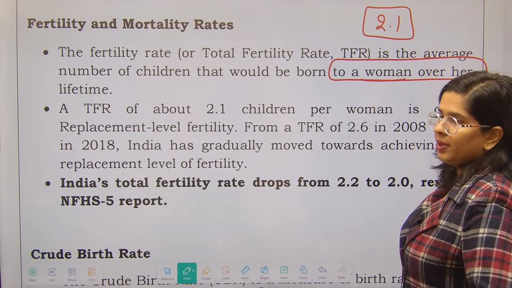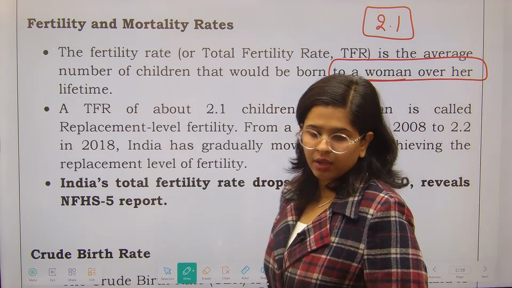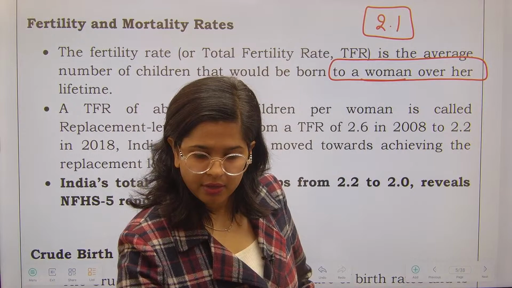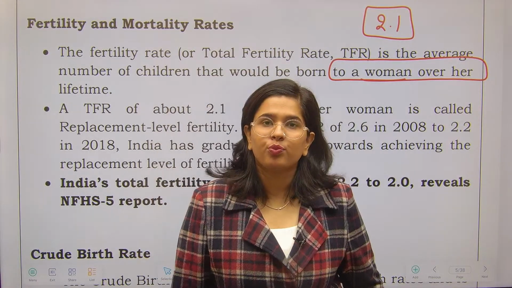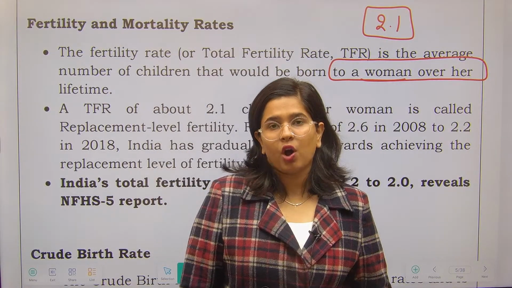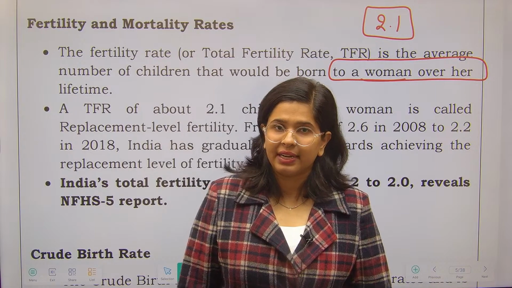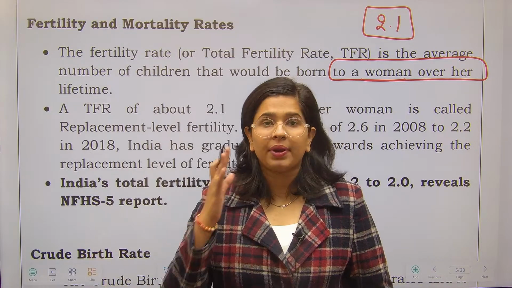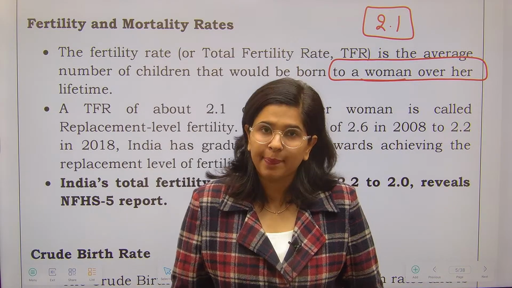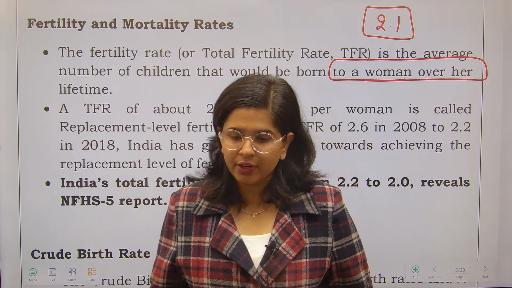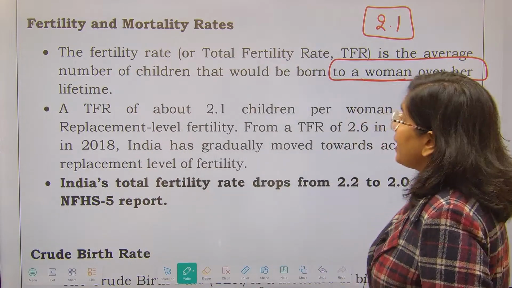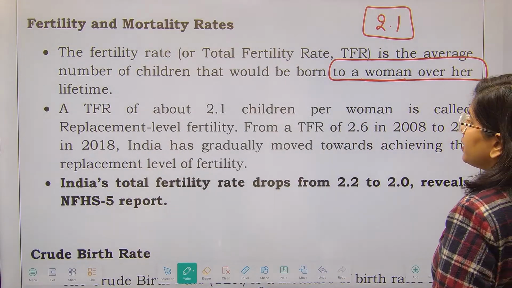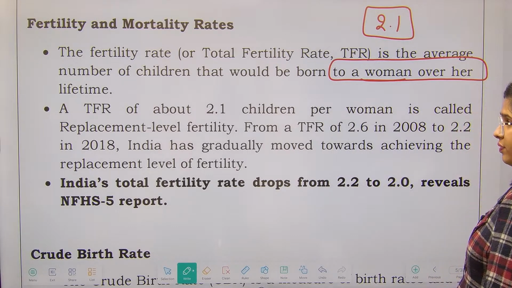So if every woman bears on an average 2.1 children, that is called a replacement level fertility. That means whatever is the current population, it would be exactly replaced, right? So that's what we are talking about over here. A TFR of about 2.1 children is called a replacement level fertility.